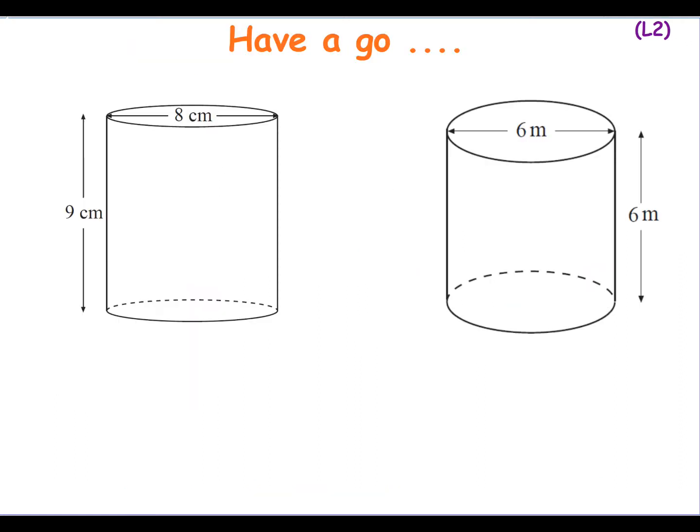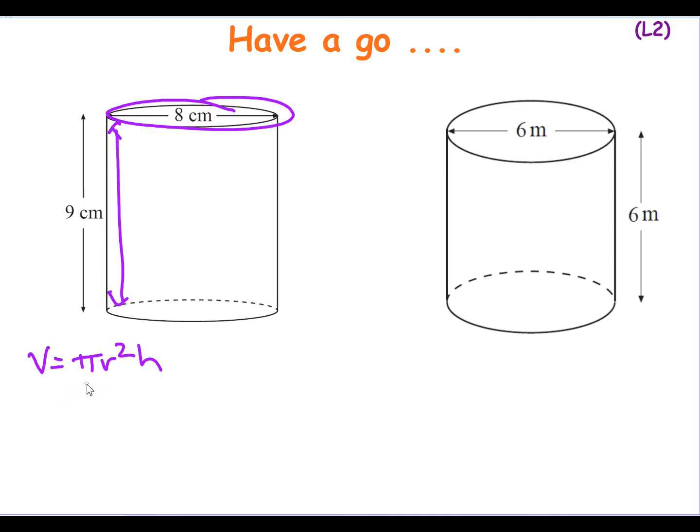Here are two cylinders to have a go at calculating their volumes, remembering the formula. You have to remember the formula. So the start of the formula is pi r squared, because that's the area of the circle, times the height of our three-dimensional shape, our third dimension.